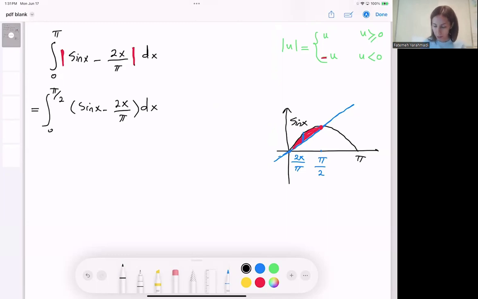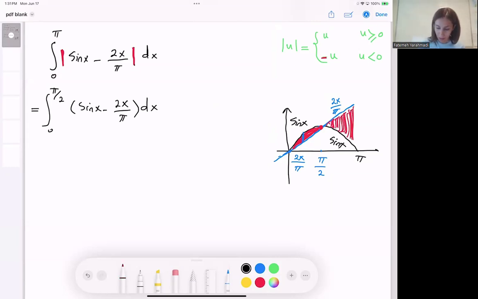But on the second half, the line, which is 2x over pi, has a larger y value, and your sine x is down here. So if you look at the area between these two, the larger y value is 2x over pi, right?